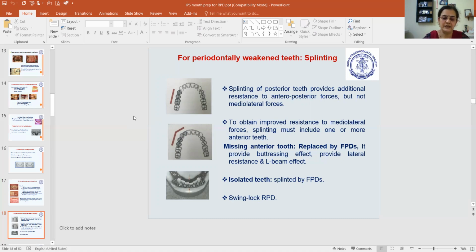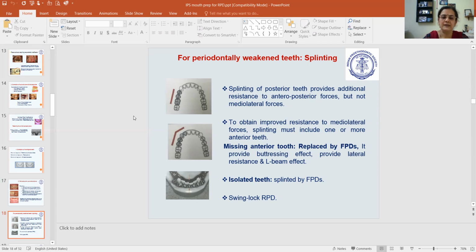Single isolated teeth in the arch also need splinting, and can be splinted by fixed partial dentures. A swing lock partial denture is also an option for periodontally weakened teeth.